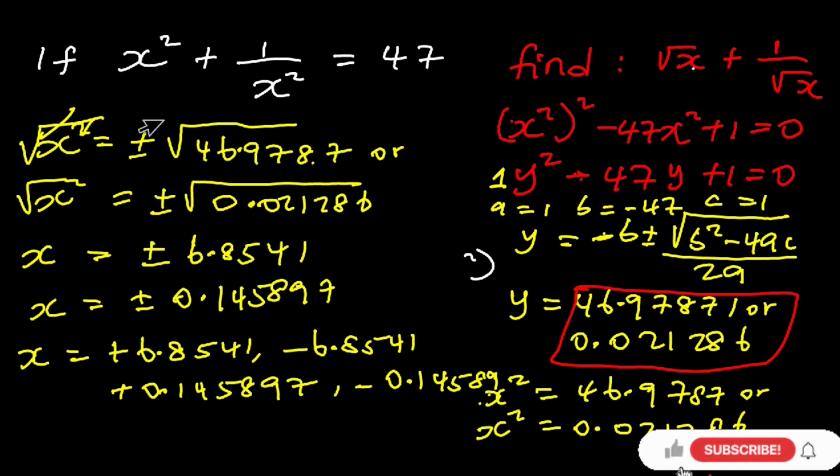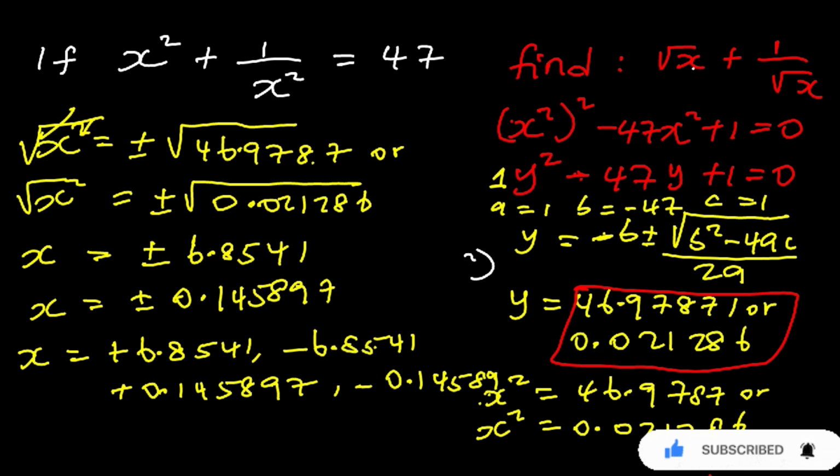To check this, I want you to check 6.8541 squared plus 1 over this squared, which is going to give you 47. The same thing is applicable to the negative sign, and then also 0.145897, and also check negative 0.145897. And so we're going to get the same answer of 47, or approximately 47.